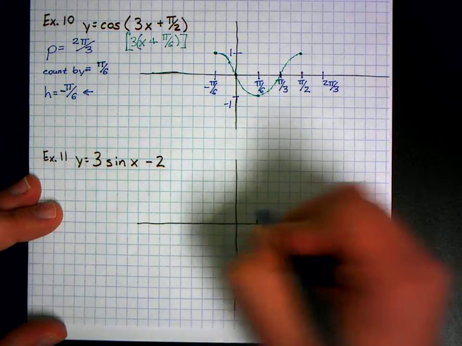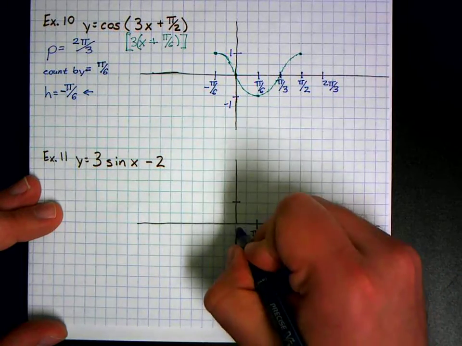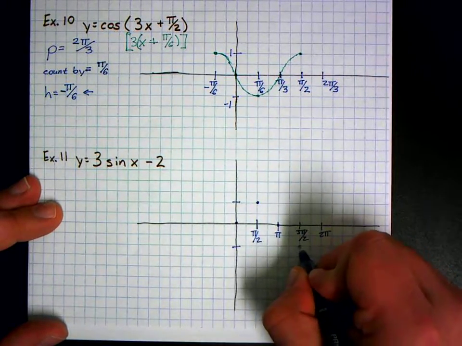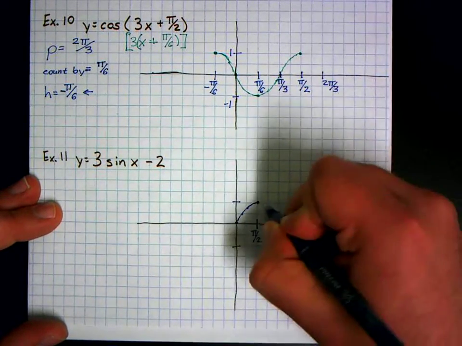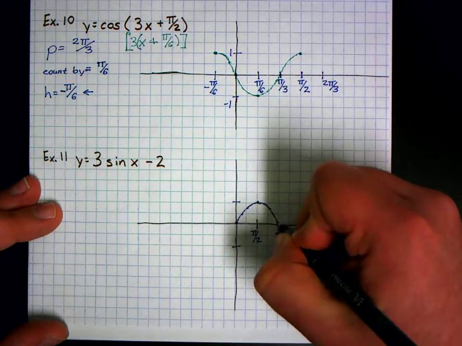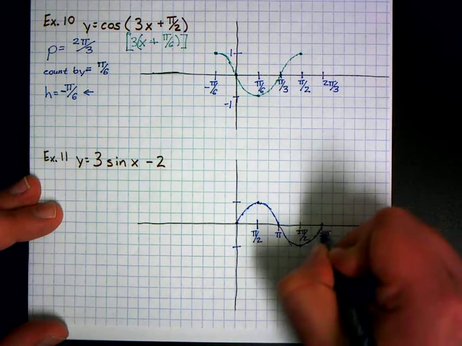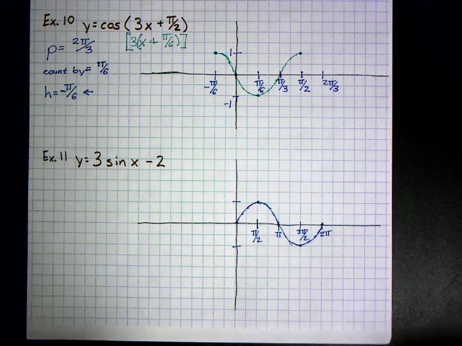All right, so let's see, it's sine. So this is what sine is supposed to look like, right? You're like, oh, but you didn't draw that in red dotted line. Nope, I didn't.